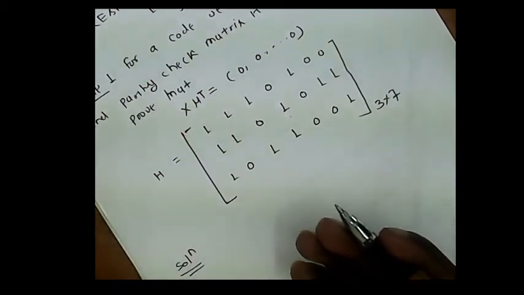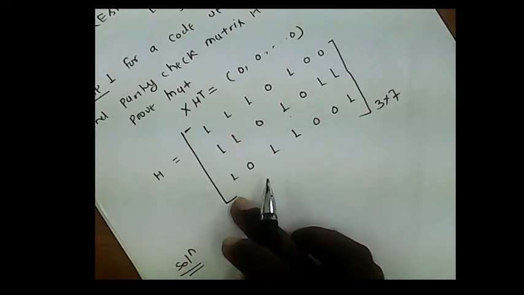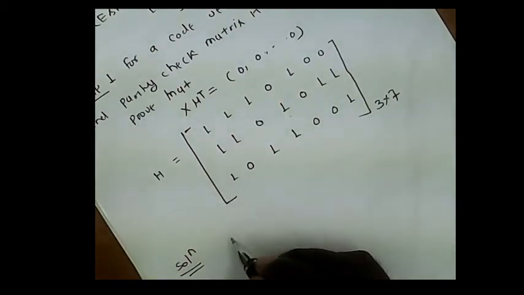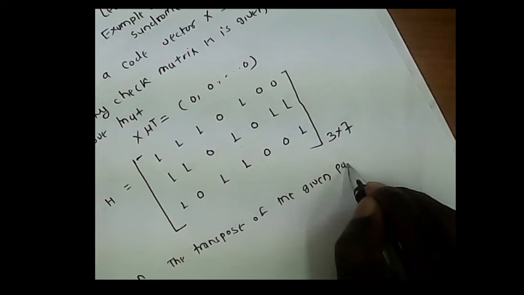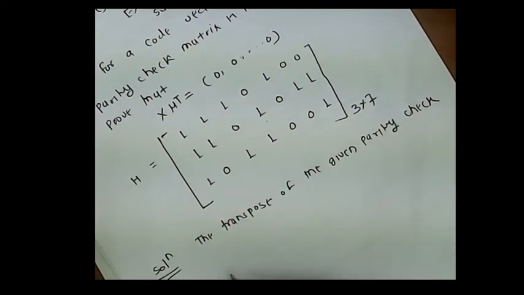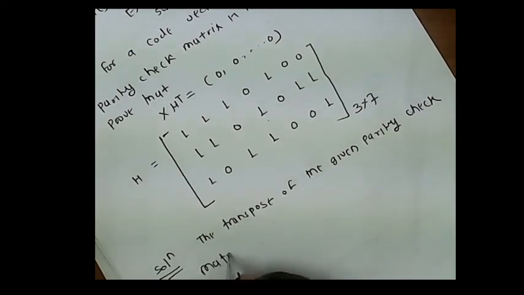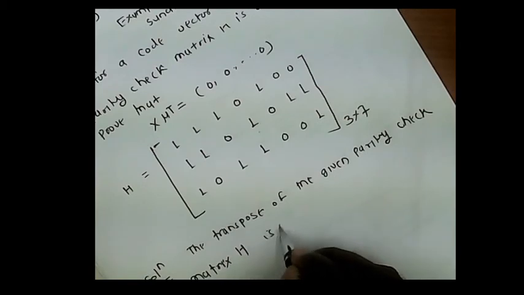We can obtain the transpose of the parity check matrix, that is H transpose, by interchanging rows and columns.